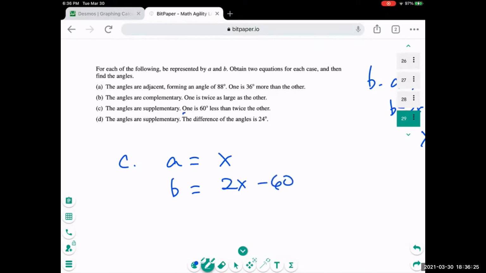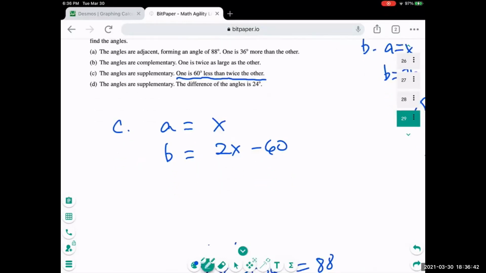Because twice the other means 2x, and 60 degrees less is equivalent to minus 60. Again, for supplementary angles, when we add them together, the answer should be 180 degrees. So let's take the sum. So x plus 2x minus 60 is 180 degrees.